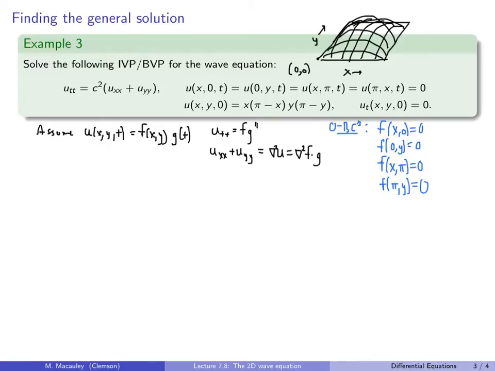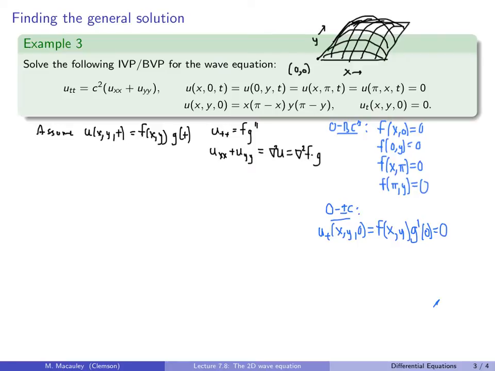We actually have something else now. We don't have to use this at this point, but we have a 0 initial condition. So let's use this too. So why the heck not? So 0 initial condition, again, my own term. u_t of x, y, 0, this is f of x, y times g prime of 0 equals 0.